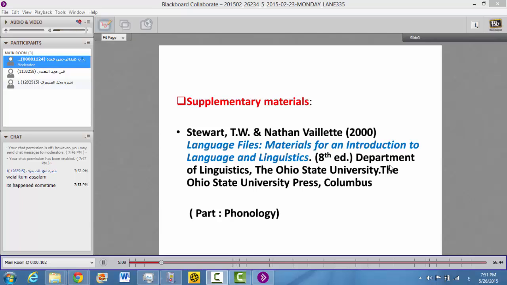Such as the low sound ah, as in aunt. Minus low sounds are those without such lowering. So when I say minus low, it means it doesn't have this feature. Either it's going to be high or mid.